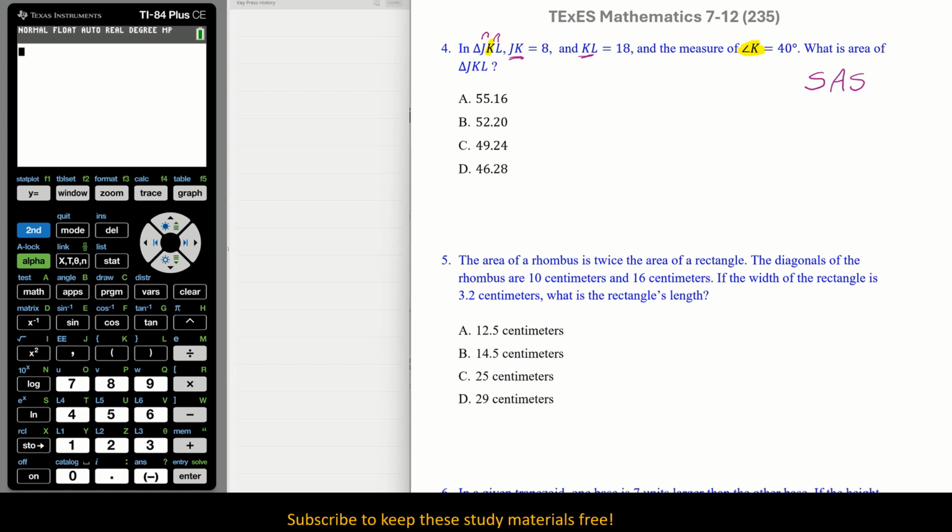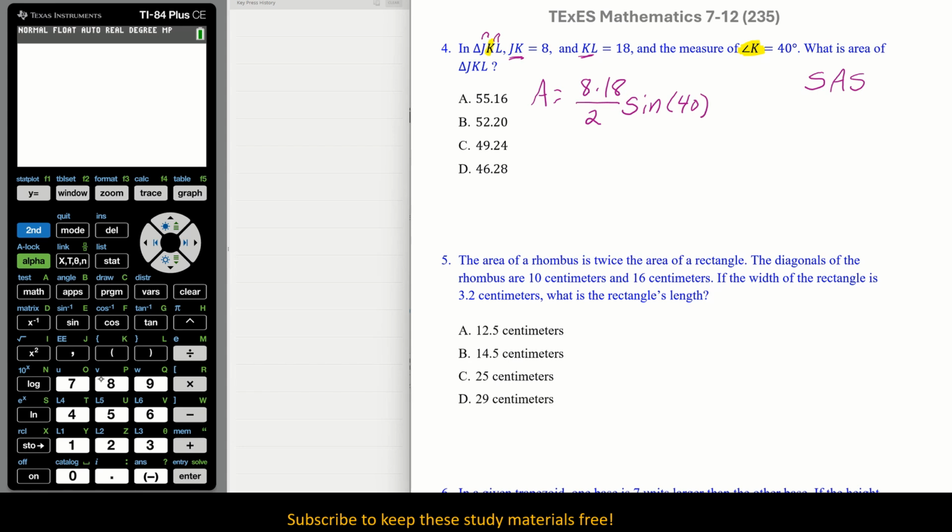Okay, so they want area. Because I have side, angle, side, I know that the area, the law of sine applied to area will work. Okay, so I know that's what I need. So I have area equals 8 times 18, divide that by 2, sine of 40.